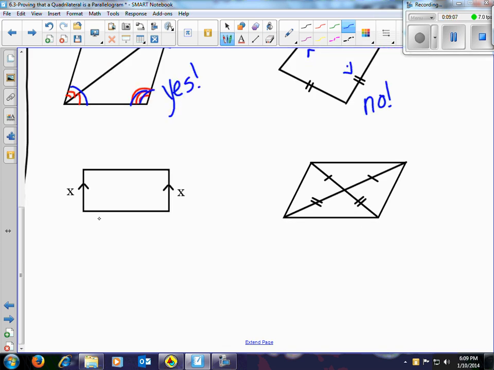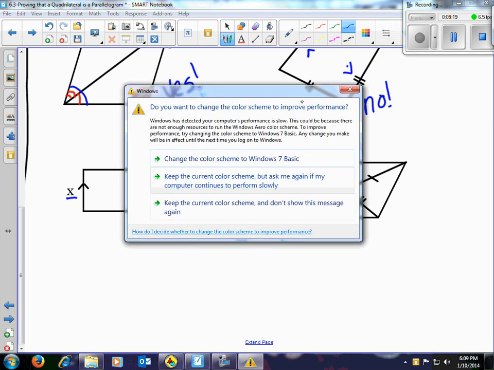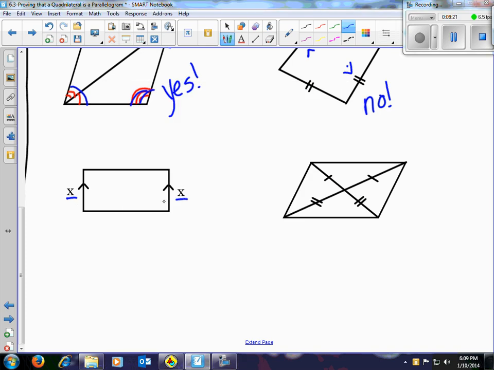Moving to this one. I know one set of sides is parallel, and since they are both marked with x, then I know each side has the same value. Whatever that value is, it is the same. So I have one set of parallel and congruent sides, which is one of our theorems.